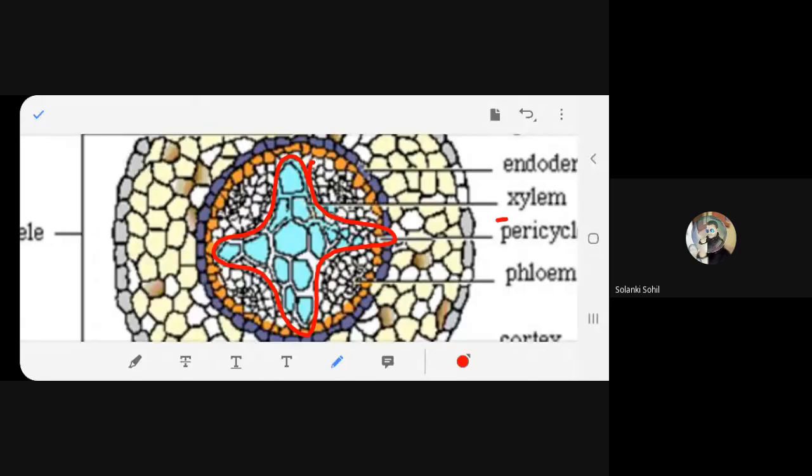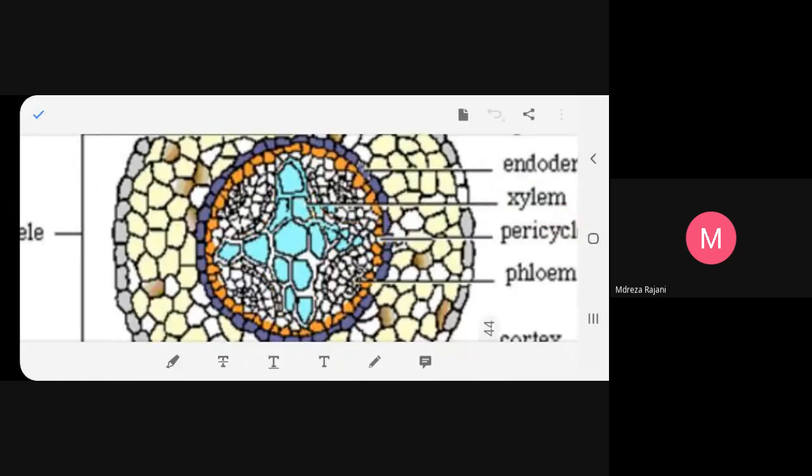This is xylem. What is the function? It transports water and minerals. Don't say only water, because water has nutrients in it. Is it clear? Minerals are a must for the body.